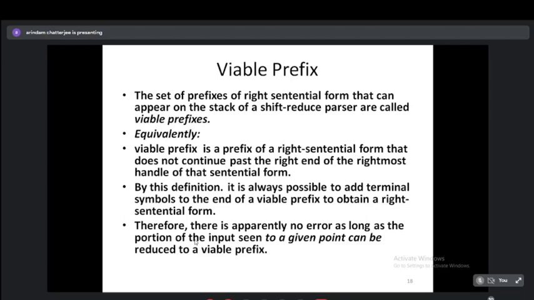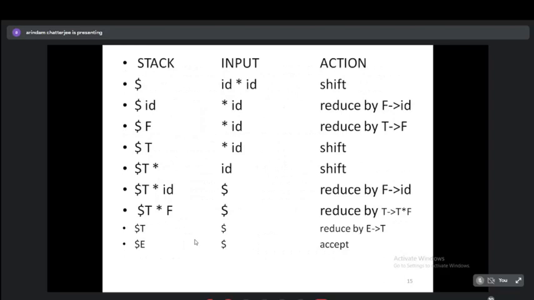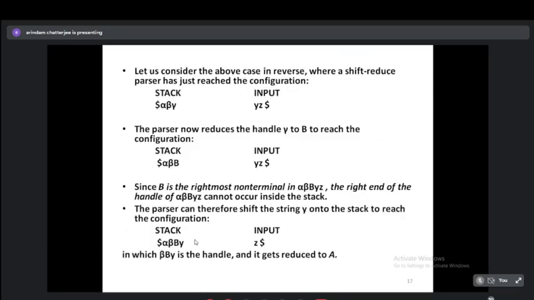So the set of prefixes of right sentential forms that can appear on the stack of a shift reduce parser are called viable prefixes. Like in our earlier example, T star F is a viable prefix, T star ID is a viable prefix, T star is a viable prefix, but E star is not a viable prefix, because we haven't got it on the stack at any time.